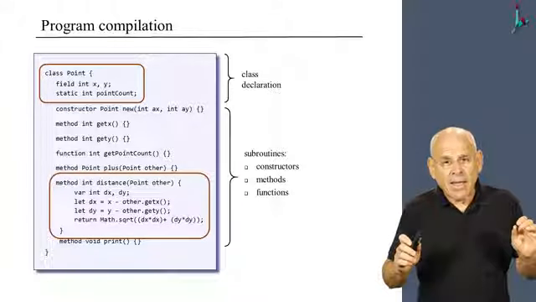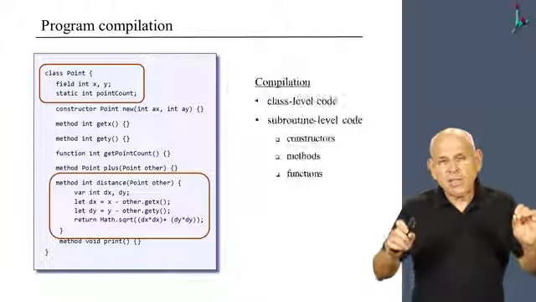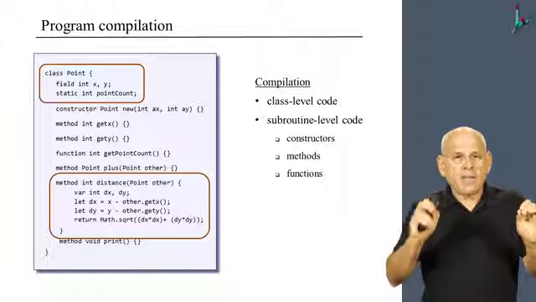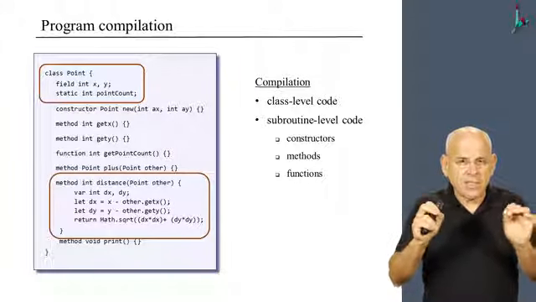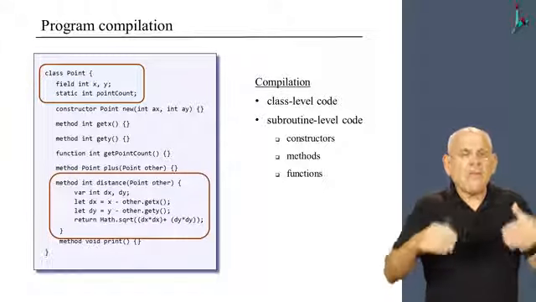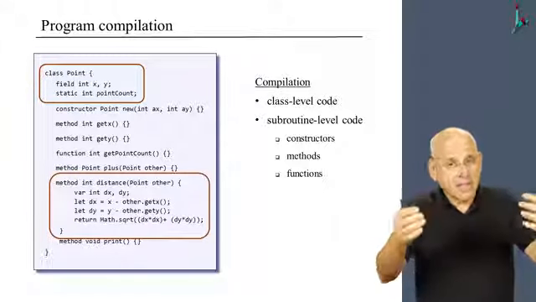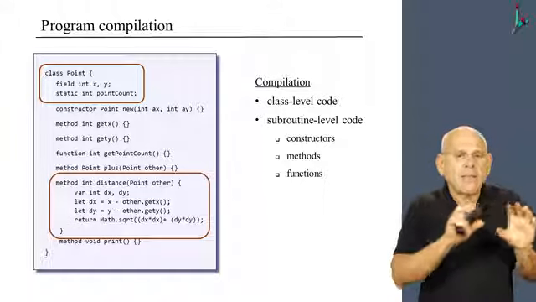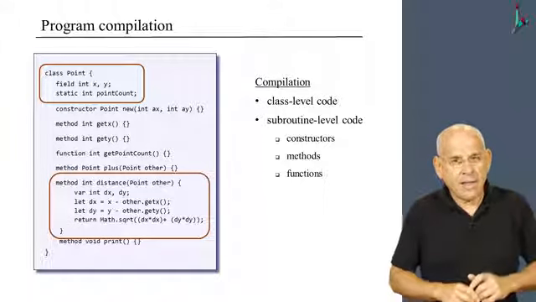Now, the simplifying assumption is such that compilation can once again be viewed as two separate processes when you go down to the class level. First, you compile the class level code that we see here on the top, and then you compile each subroutine one at a time.